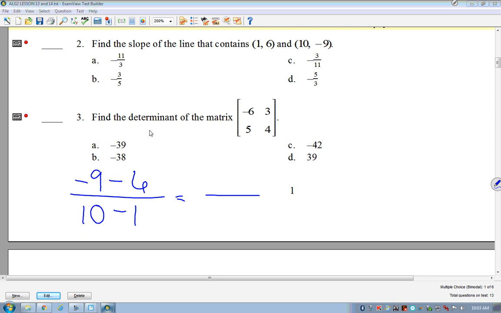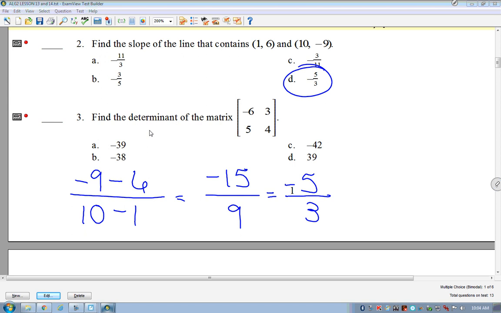Eric. Negative 15. And what's 10 minus 1? 9. Negative 15 ninths. Does that reduce? What can I divide both those numbers by? Negative 15 divided by 3, 9 divided by 3.